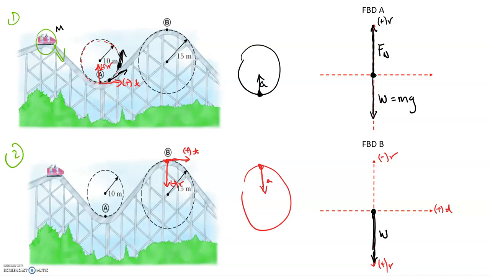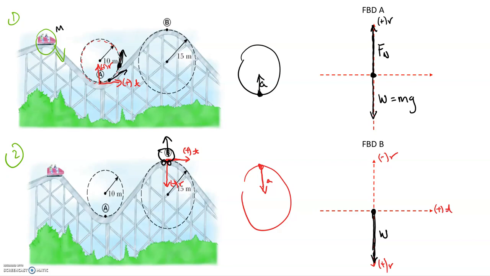Is the normal force pointing downwards, or is it pointing upwards? And so the normal force is still the force that the track is applying to the cart. And so that's going to be pointed upwards. So you have your cart right here. It's on the track, and the track's pushing upwards. And so it's still going to be pointed upwards, just like in the first part.